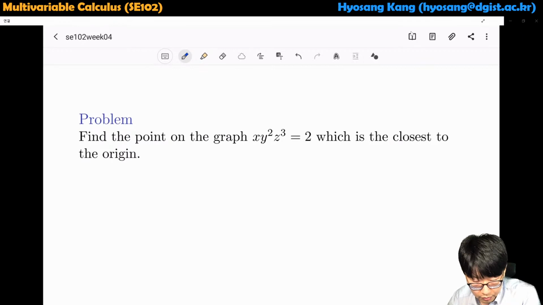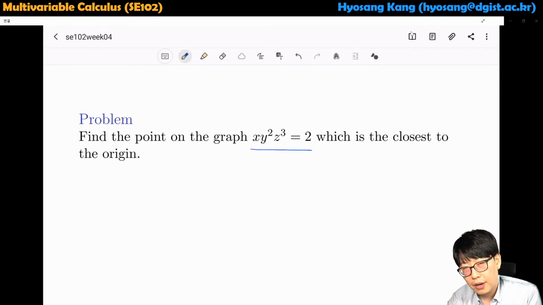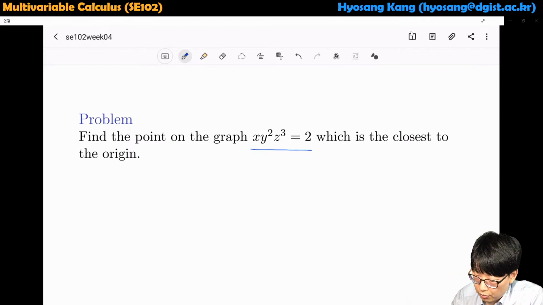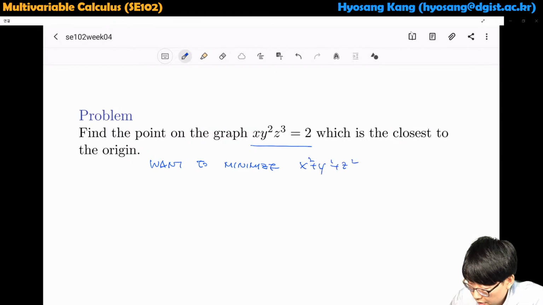If you can do this by yourself, it would be very nice, but you can wait until the week after next week. So you have a graph given by this implicit equation. I want to find the point closest to the origin, which means that I want to minimize x squared plus y squared plus z squared. Okay, so that's our target function.